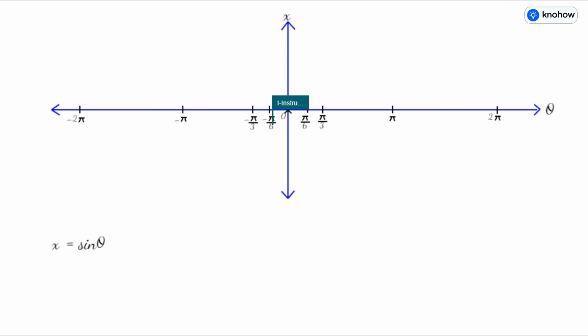Now what is the domain of sine theta? The domain of sine theta is that theta can be any real number. We can take any angle 0, pi, 2 pi and so on, and similarly on the negative side. And what is the range? That is the values of sine theta. You know, sine theta lies between -1 and 1.